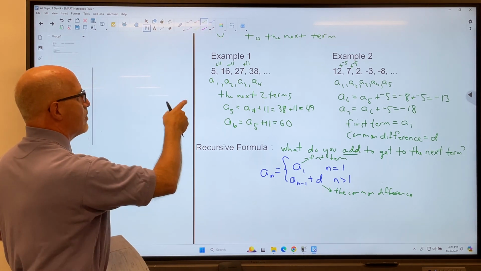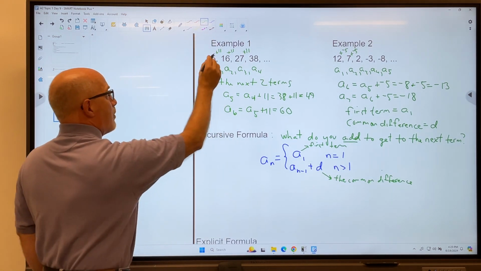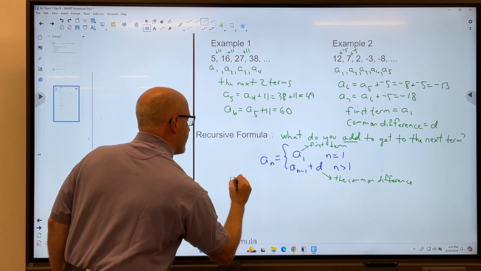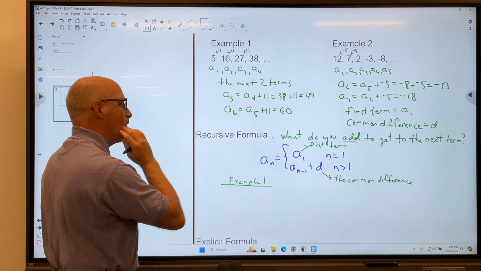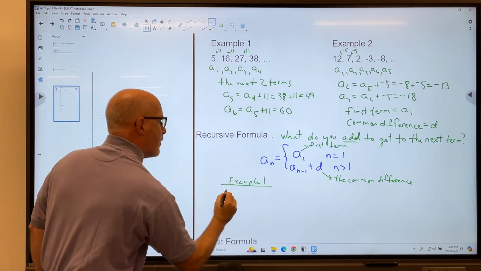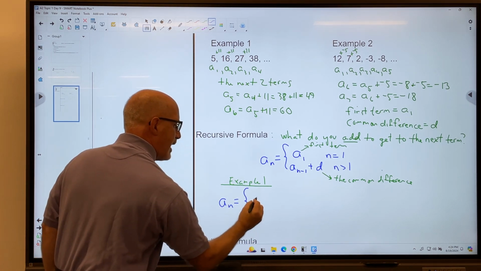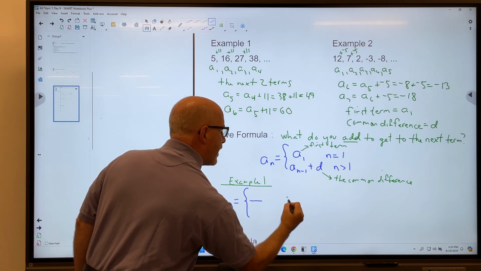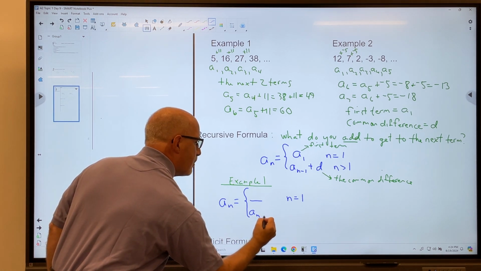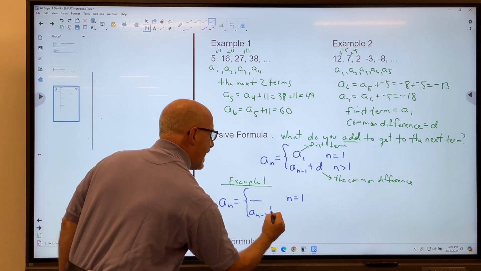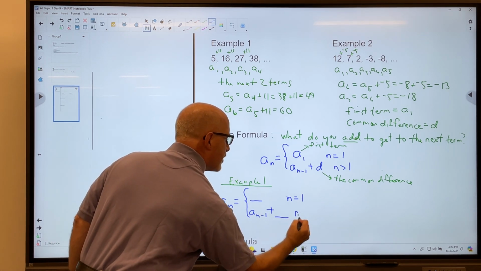So let's do that with these two examples here. All right, so for example 1, what I'm going to do is write out my formula. My formula is a sub n equals, and I'm going to fill in what the first term is for n equals 1, and then I'm going to take the previous term, a sub n minus 1, and add the common difference for n greater than 1.